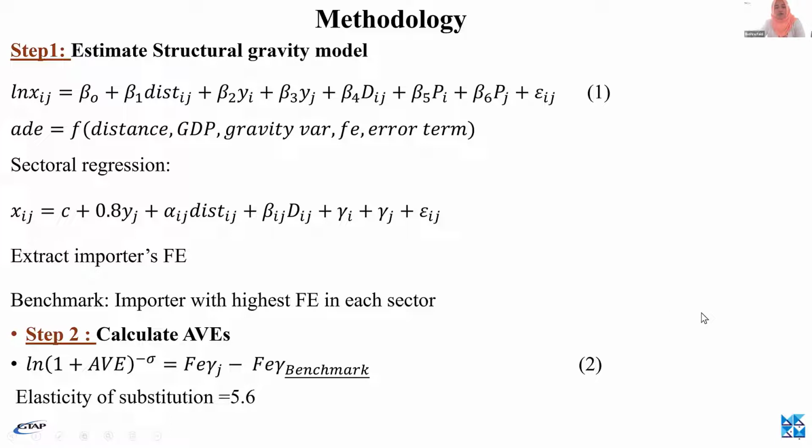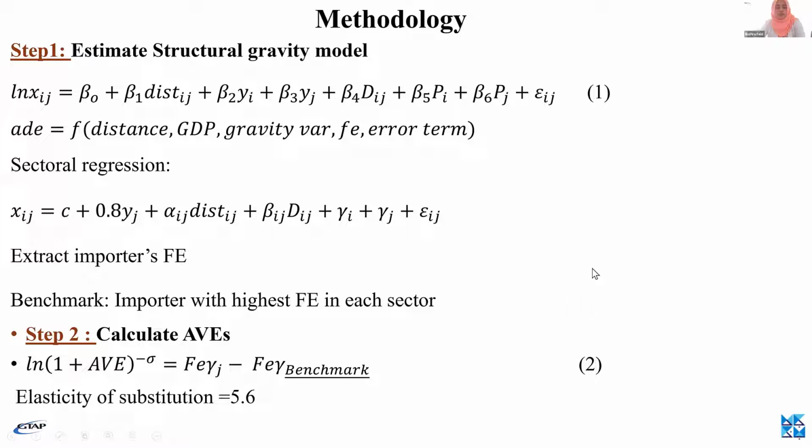So we have the dependent variable, which is bilateral trade data in services from country i to j, and we have the distance variable, and we have the GDPs of both countries in equation 1, and D represents the dummies, which include gravity variables like common colony, free trade and regional trade agreements, and border effect.